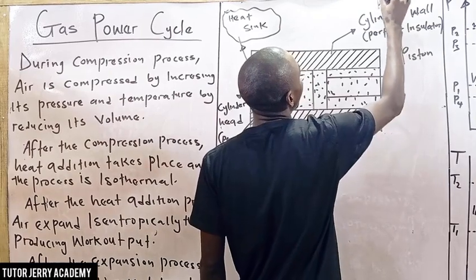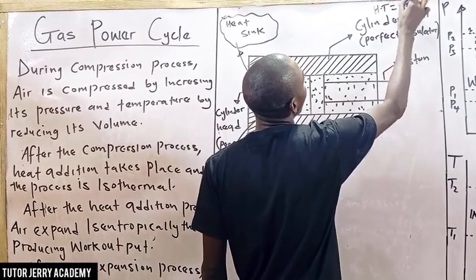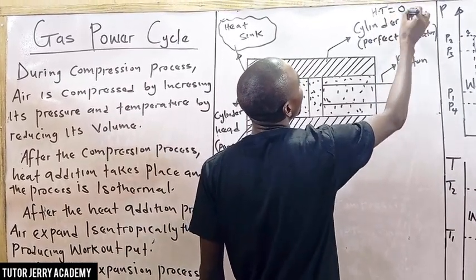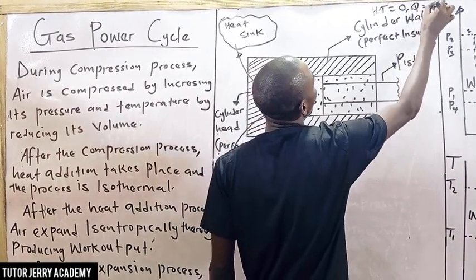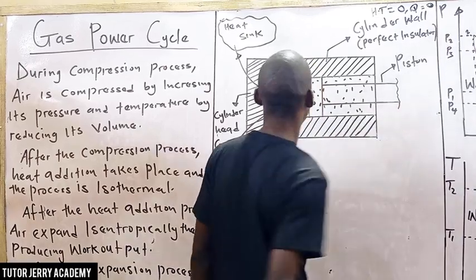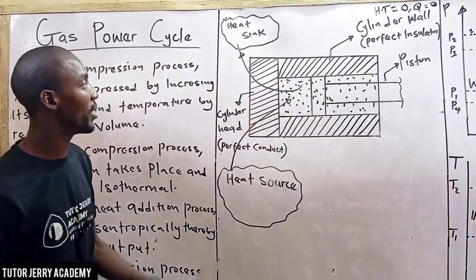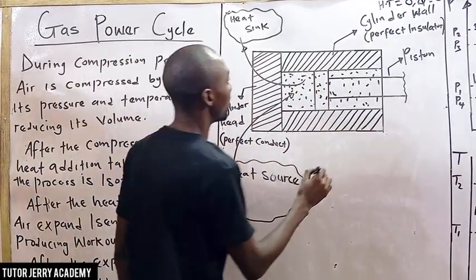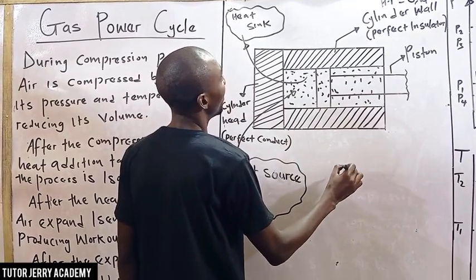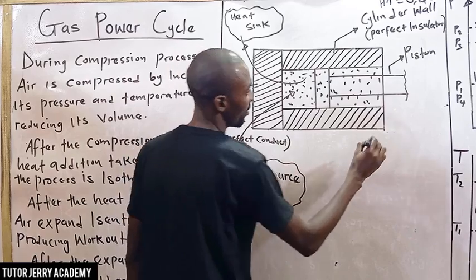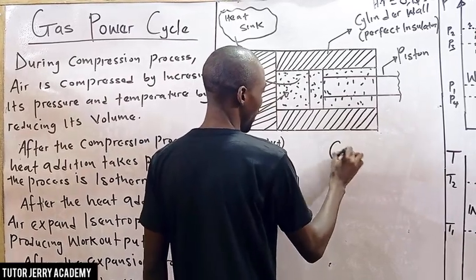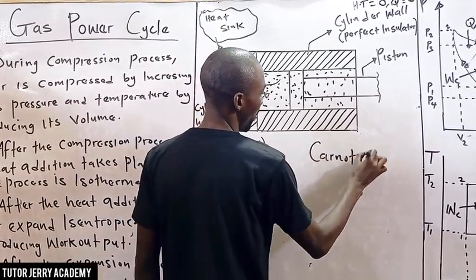We can also denote this as Q equals 0. So don't forget, this is the diagram of a Carnot engine.